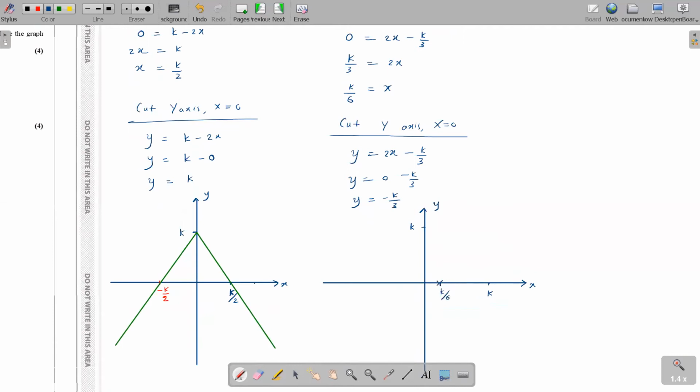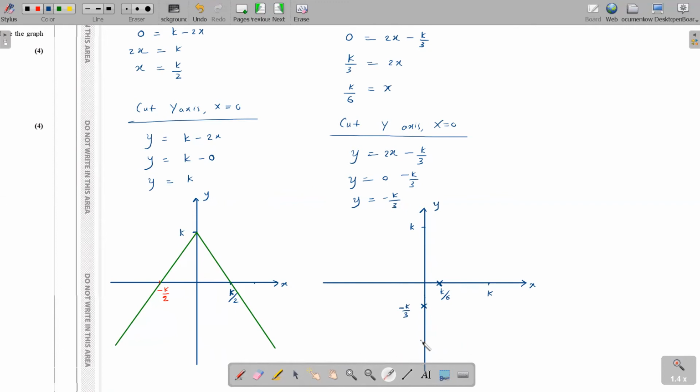So this is the first cutting point, k over 6, and the place where you cut the y-axis is negative k over 3. Negative k over 3 is a little bit further than k over 6, double of this. So this is the place where you cut the y-axis, and this is the place where you cut the x-axis.